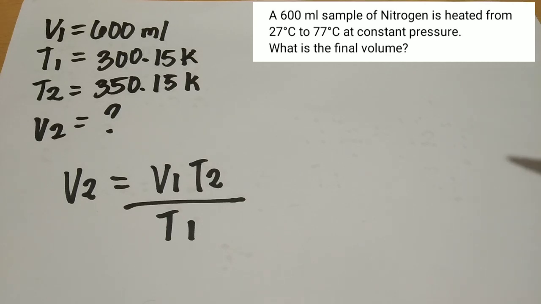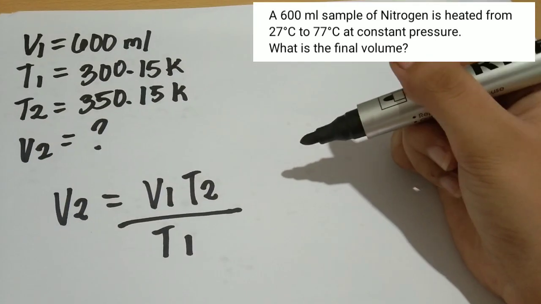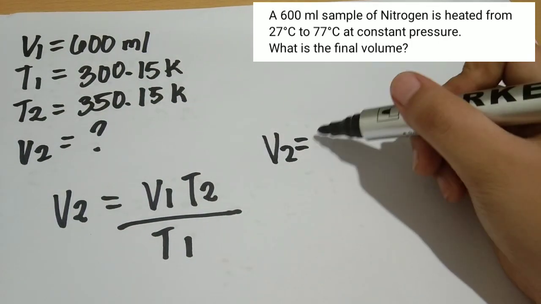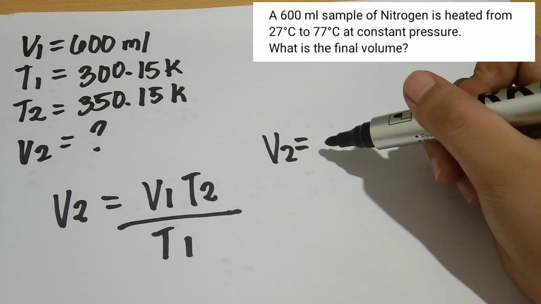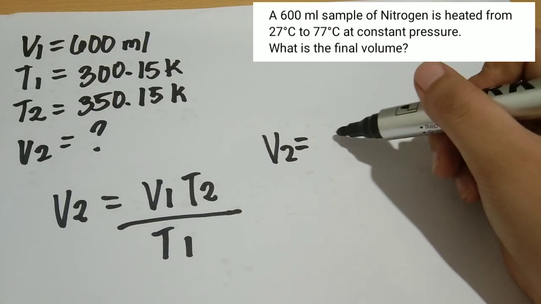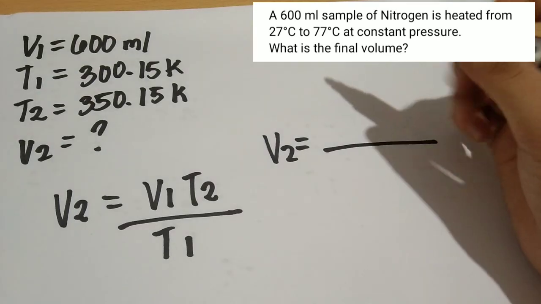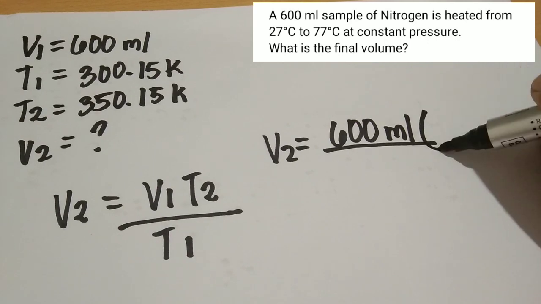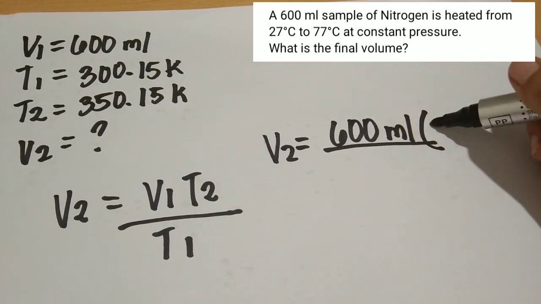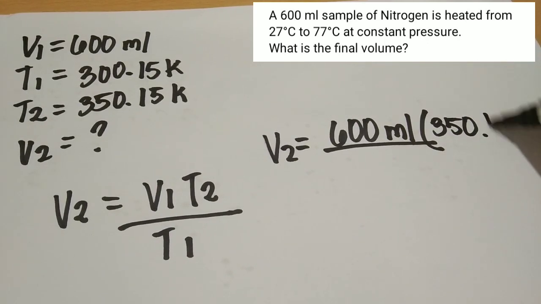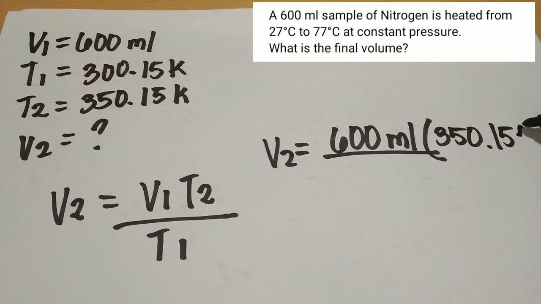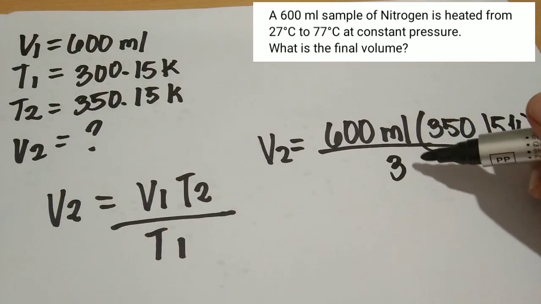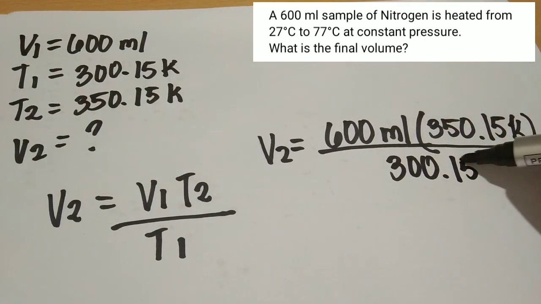Now we are ready to substitute and solve for the problem. So this is 600 ml times the final temperature, which is 350.15 Kelvin, over the initial temperature, which is 300.15 Kelvin.